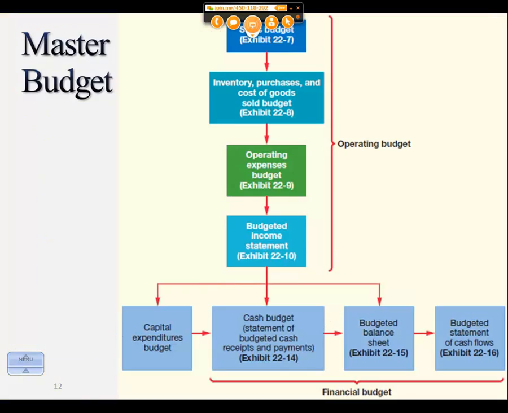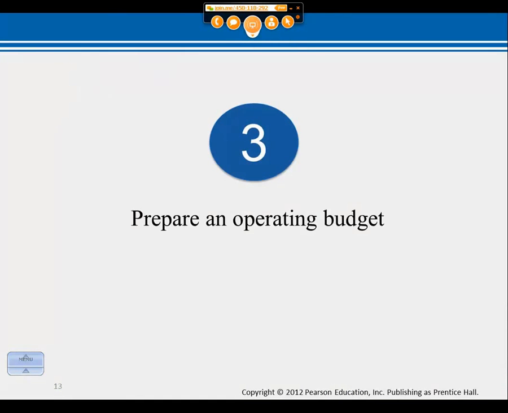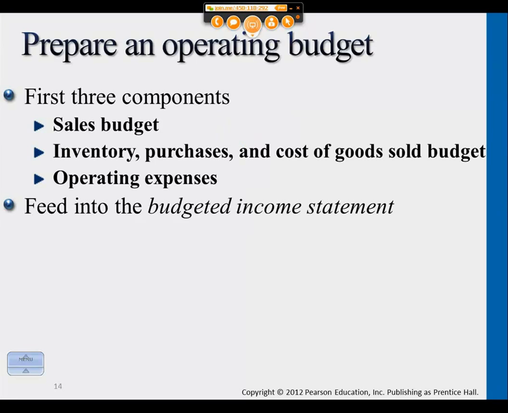All right. So let's keep going. The third one, how do we prepare that operating budget? Okay, so let's see. What are the components and how do we put it together? So we have three components, right? We just figured that out. We have sales budget, we have inventory purchases and cost of goods sold budget, and we have operating expenses.